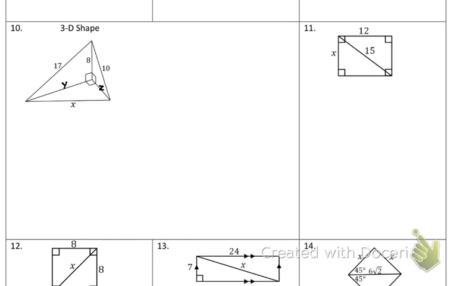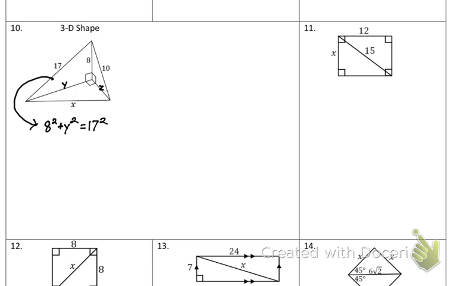I need to use the other right triangles to find these. So for instance, I'm looking at this triangle right here. Can you picture that triangle? It's got a hypotenuse 17 and a leg of 8. That we would have 8 squared plus y squared equals 17 squared.